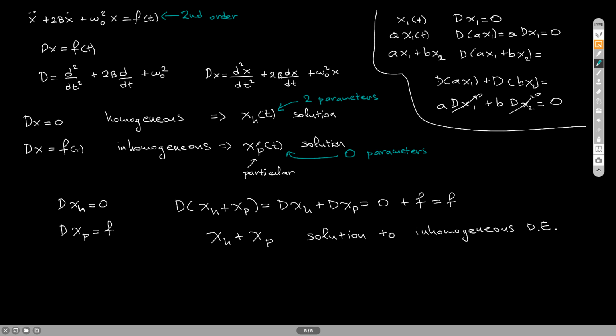If I found a single solution to the inhomogeneous differential equation that has 0 parameters, it is fine, I found a solution, but it cannot possibly be the general solution. On the other hand, I do have a solution to the homogeneous differential equation that has 2 parameters. And I just showed that the sum of the two is also a solution to the inhomogeneous differential equation, and it has 2 parameters.